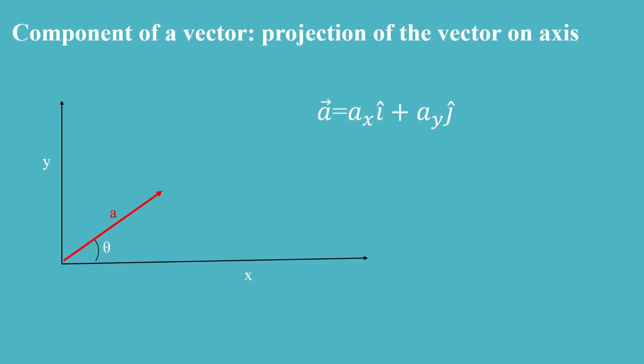But the question you might have is, if you draw the projection of a vector and you end up with AX and AY, how can you calculate them? Let me explain with an example.